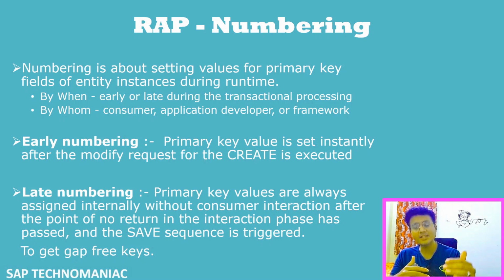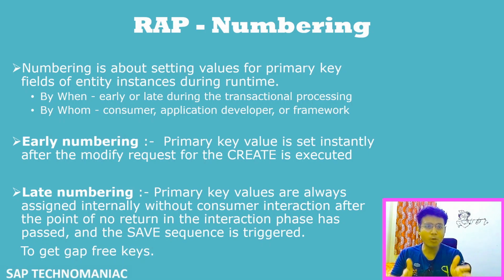The late numbering is not assigned during the interaction phase. It is assigned in the save sequence, where the user is satisfied with everything, clicks on the save button, the interaction is over, and he wants to save that particular instance. At that time the number is assigned. Why do we do this?